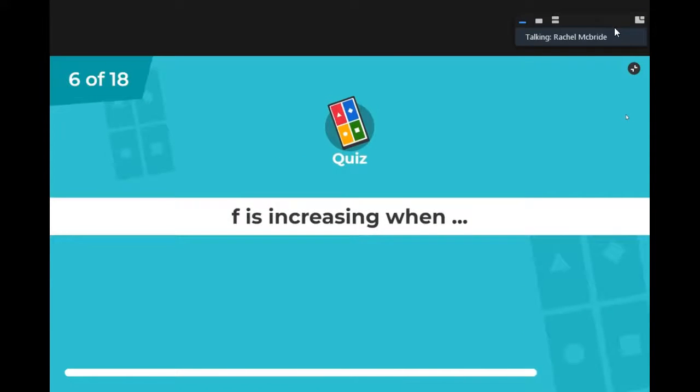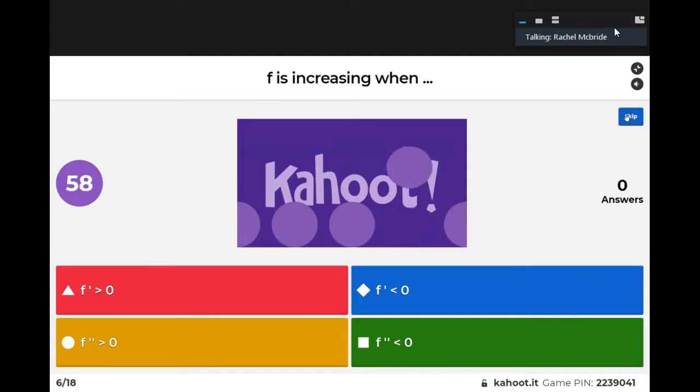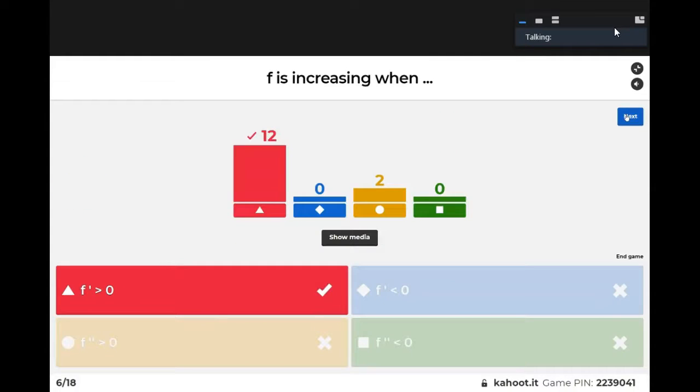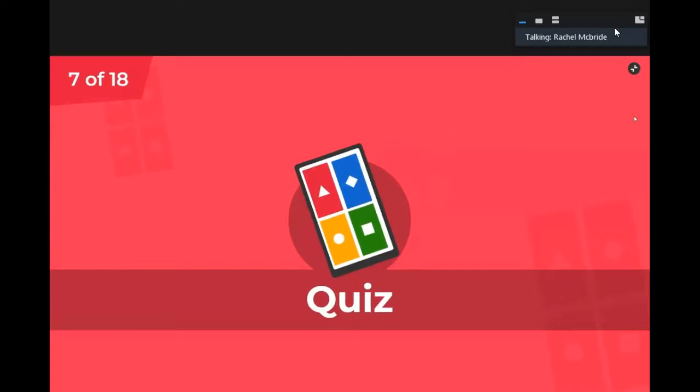F is increasing when? F prime is positive. When your derivative is positive, F is increasing.